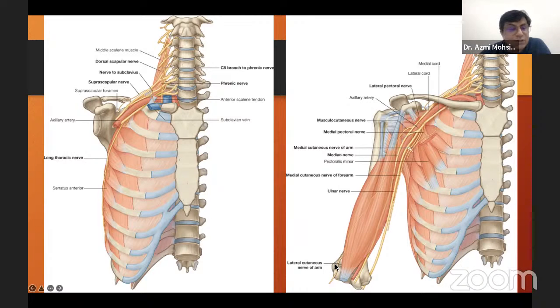And then it continues as, remember, the name is musculocutaneous. So after supplying these 3 muscles, it becomes cutaneous in the cubital fossa and will run along the radial superficial branch of the radial artery, and it will be called the lateral cutaneous nerve of the forearm. Okay.